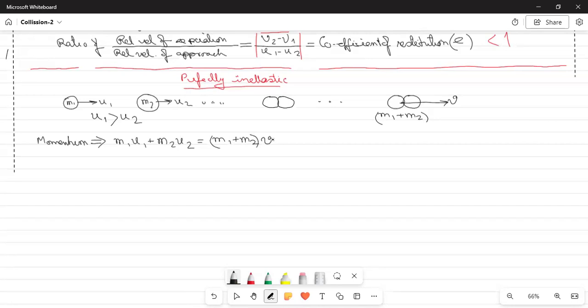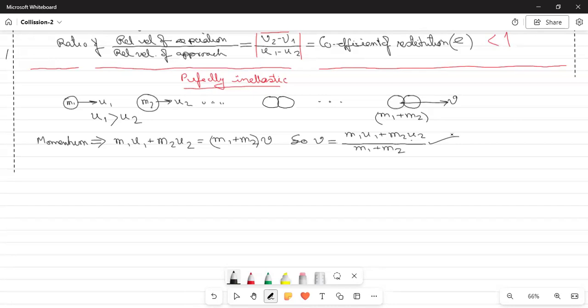That's it. So what do we find here? The final velocity v is M1 U1 plus M2 U2 divided by M1 plus M2. This is the final velocity.